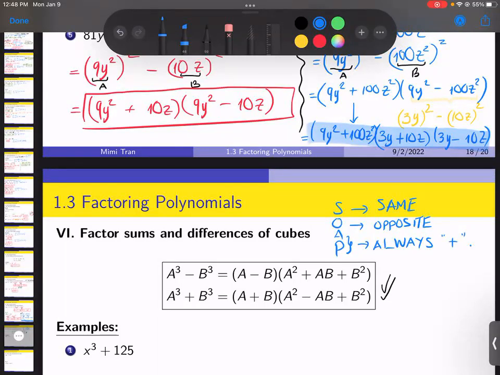Same. Opposite of minus is plus, and always plus. Same. Opposite of plus is negative, always positive. Okay, that's how you remember it. That's how I remember it.